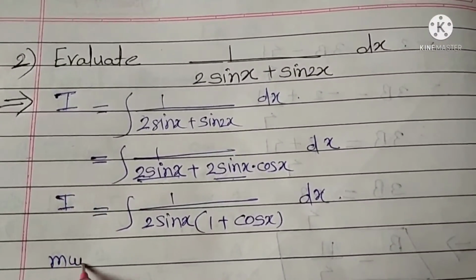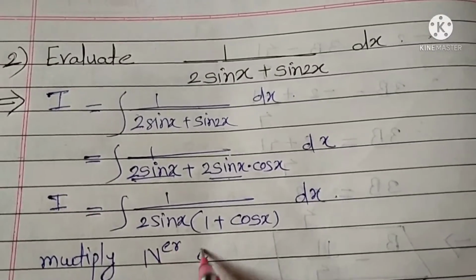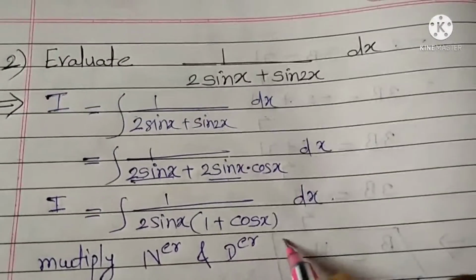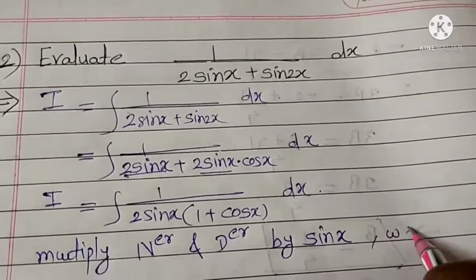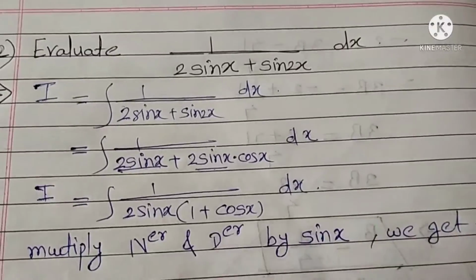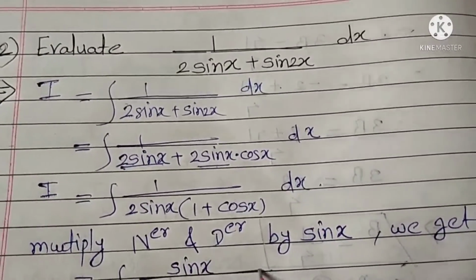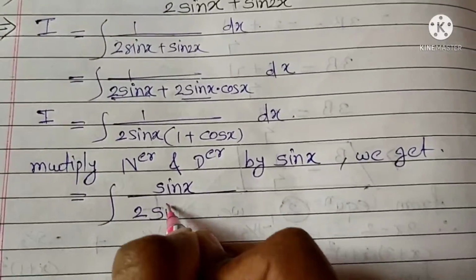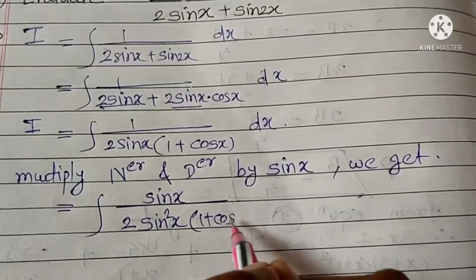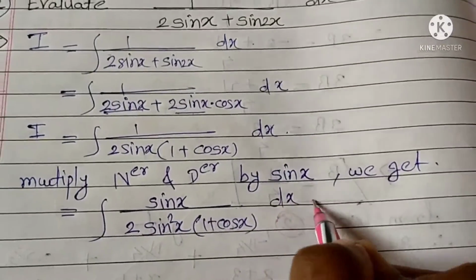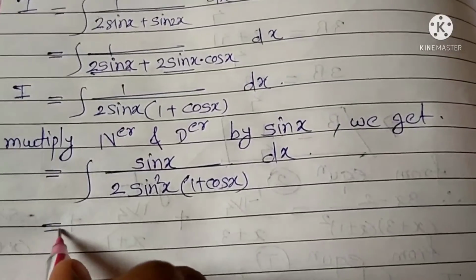Now multiply numerator and denominator by sin x, we get integration of sin x upon 2 sin square x into (1 + cos x) dx. Now we know the identity sin square x is 1 minus cos square x.